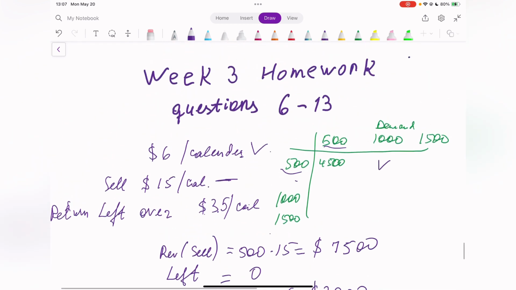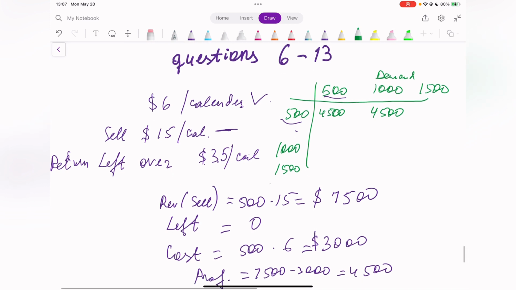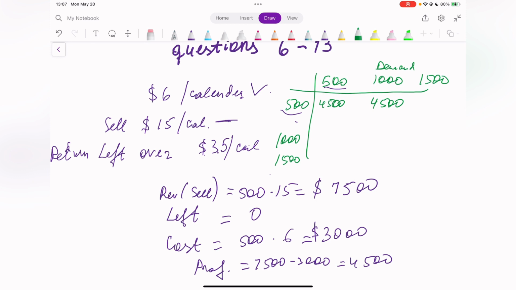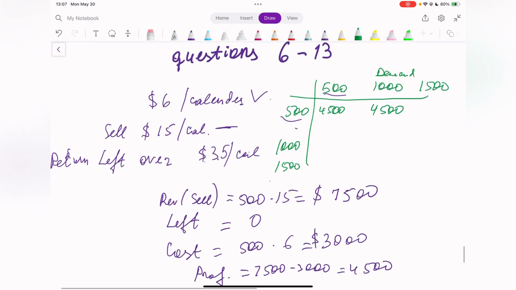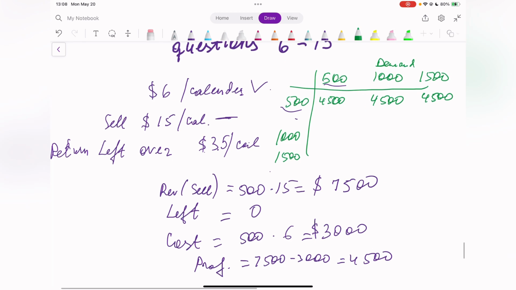All right. Now we go to 1,500. For the case when demand is 1,500 and we have 500, it's the same way, because we can provide less than demand. So again it's going to be 4,500. There is nothing left over to return and make some money. Everything is sold.